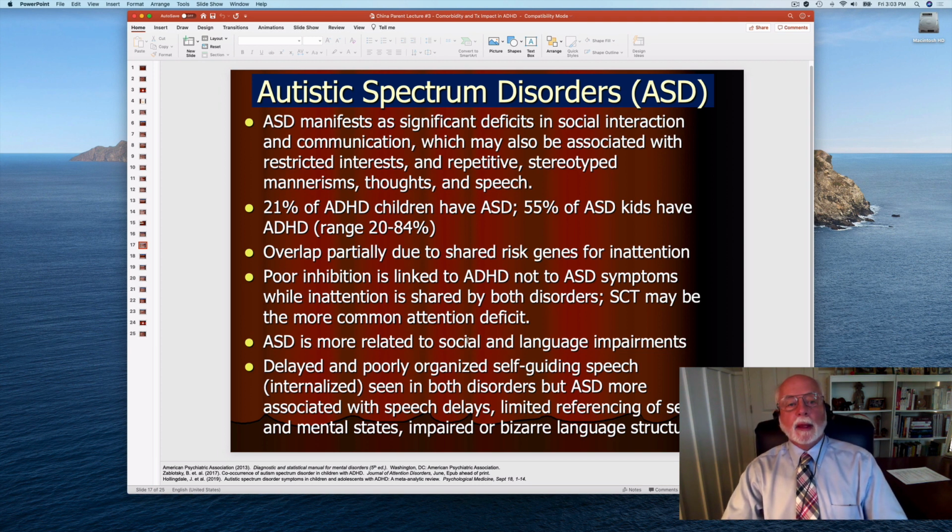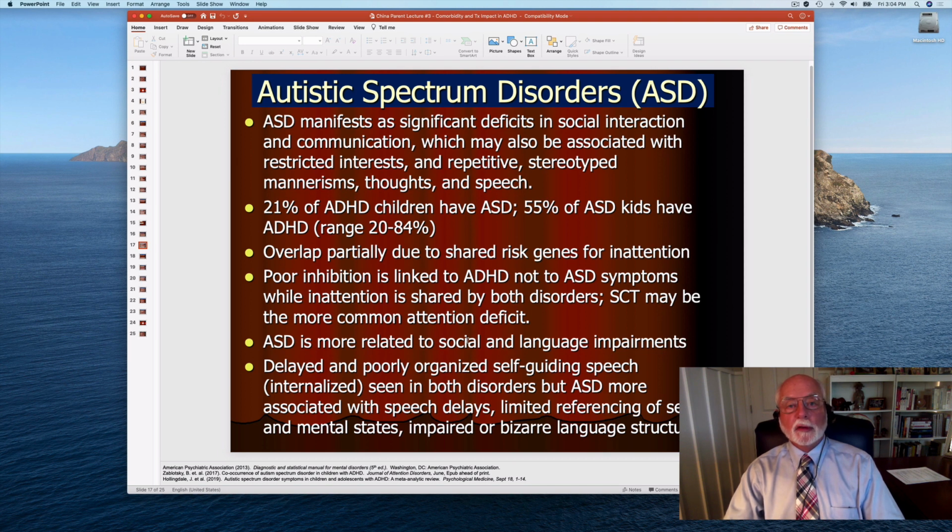As you know, ASD is a serious neurodevelopmental disorder seen in 1% or less of children and is characterized by severe deficits in social interaction, interest in other people, social communication, including language, and may also be associated with very odd and restricted interests and repetitive or stereotype mannerisms, such as hand flapping or other repetitive gestures.